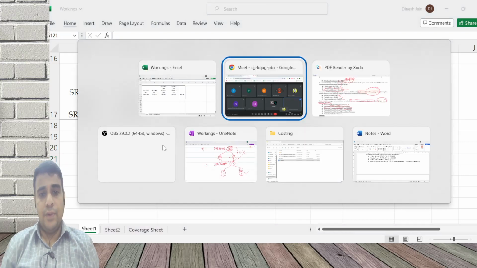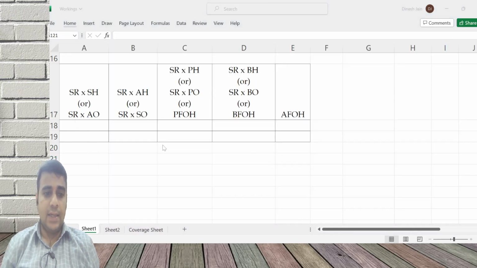As we do, we'll first calculate SR per unit. Per hour is not possible. The question doesn't have any information on number of hours. It's only number of units. So first we'll calculate SR per unit and then come back to the other items.